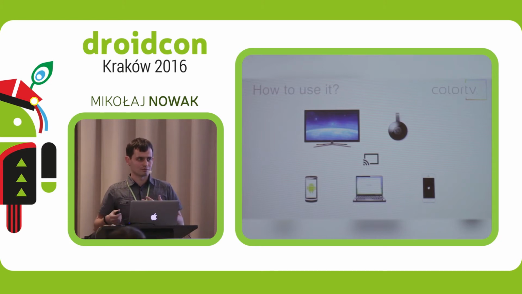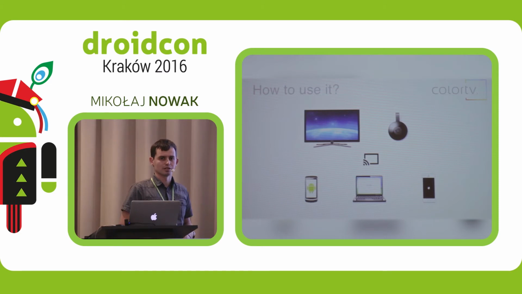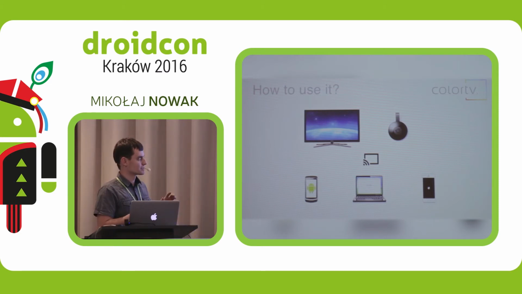They just need to add some framework provided by Google, and then add a cast button, which is in the middle in here. And then if you click this button in the app, and you are in the same Wi-Fi network with your Google Cast device, then you can start casting.